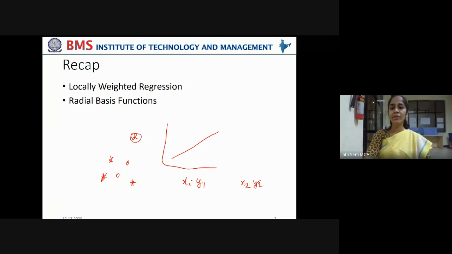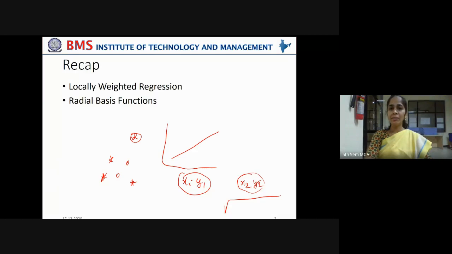The distance between this new instance and the existing instance is calculated using the formula for Euclidean distance, that is x1 minus x2 whole square plus y1 minus y2 whole square. If there are more attributes, the formula will be changed accordingly. The formula will be tuned according to the number of attributes for a particular instance.